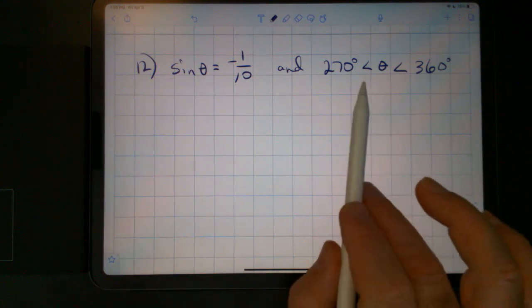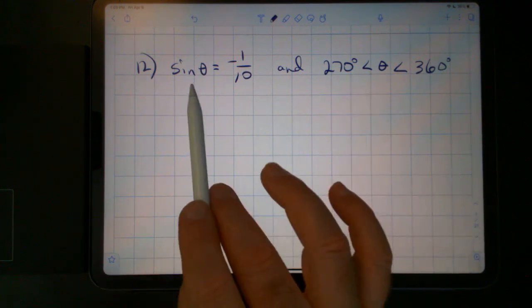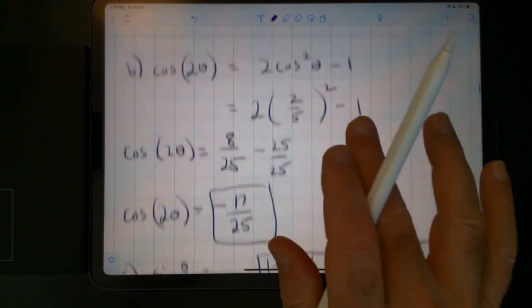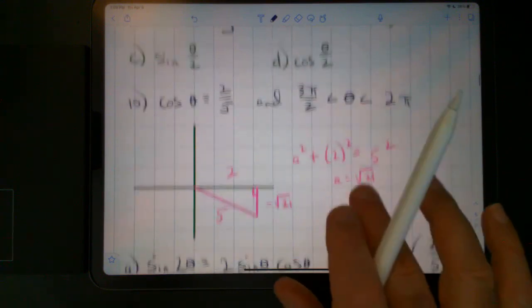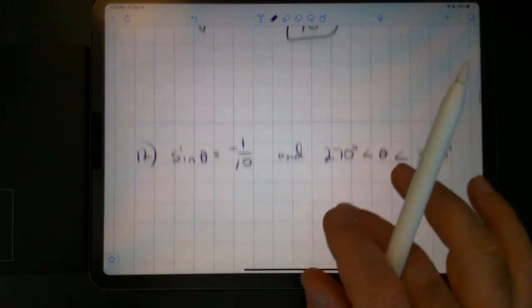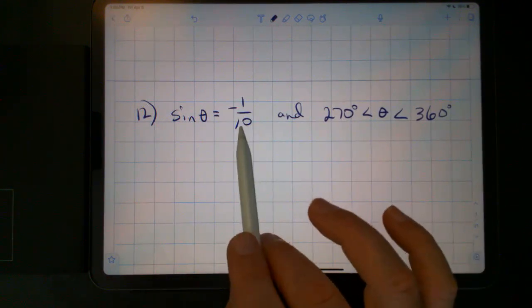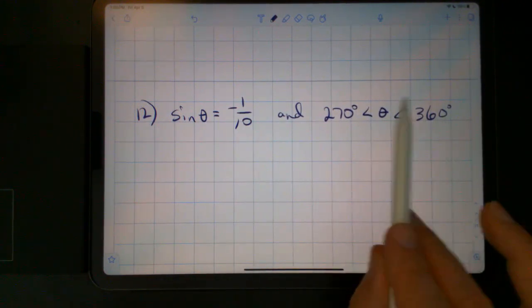Okay, so here we need to find the same 4 components, A, B, C, and D. And this is with sine theta equal to negative 1 over 10, and we're in quadrant 3 here.